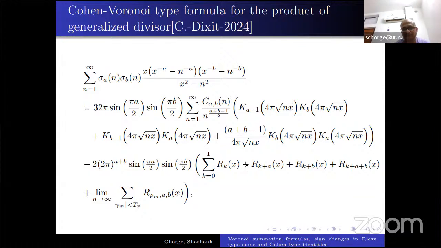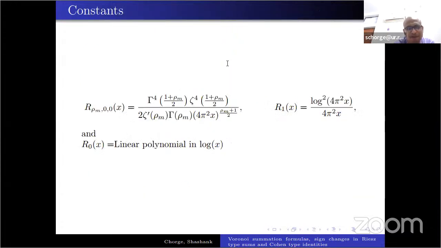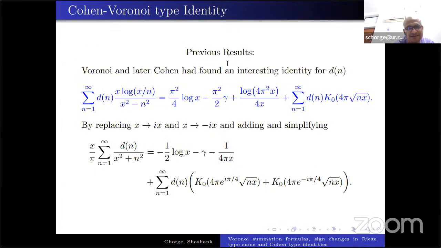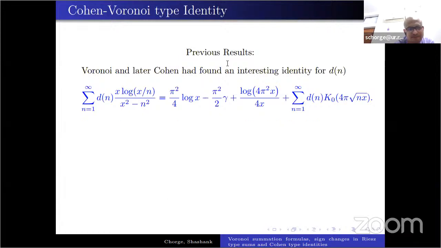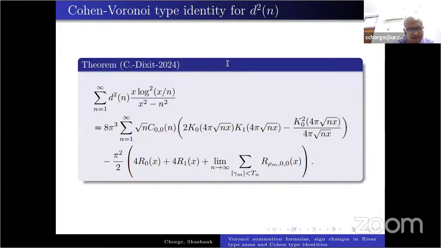But again, if we see this part, x raised to minus a minus n raised to minus a, x raised to minus b minus n raised to minus b, divided by x square minus n square, look at this expression. Let me go back for a second.